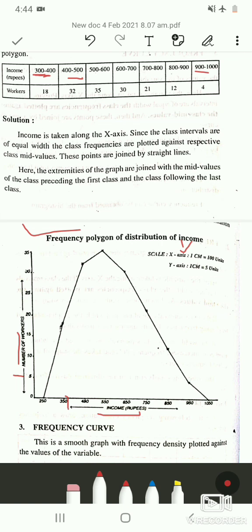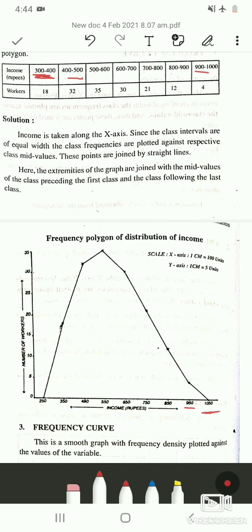So the first value will be 250 because we have to take the class preceding the first class as well as the class succeeding the last class interval. So the values are 250, 350, so on till 950, and add one more which is 1050.